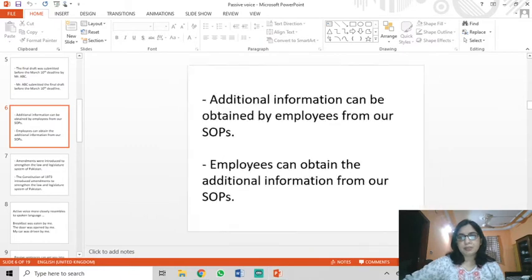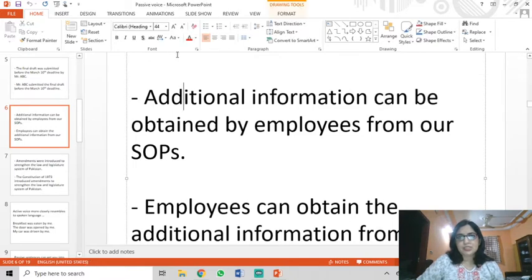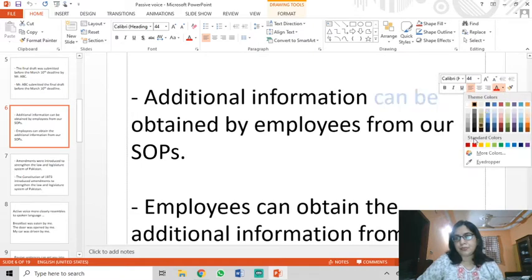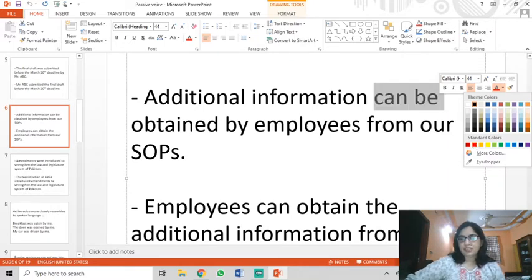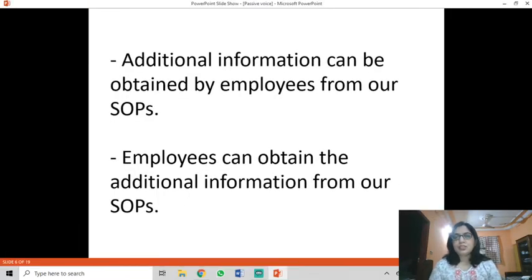When you say "can be obtained," this is the be form, and you are using it unnecessarily. When you say it in active voice instead, employees can obtain the additional information from our SOPs.